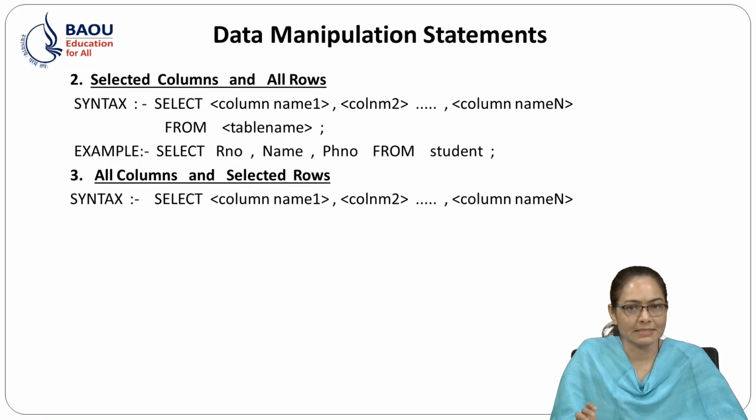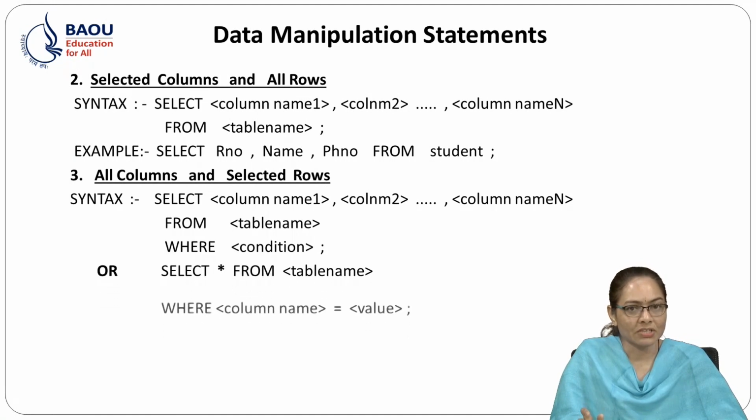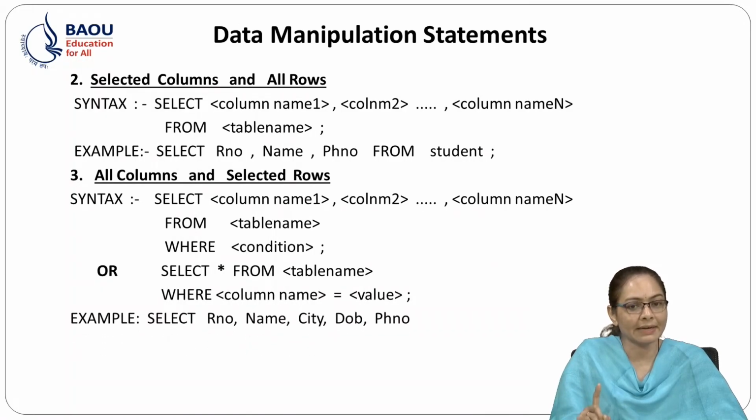So the syntax is select column name 1, column name 2 up to column n from table name where condition. Here, when selected rows are required, then we use the where condition. The next syntax is select star, meaning all the columns, from table name, then where condition, meaning where column name is equal to value, then semicolon.